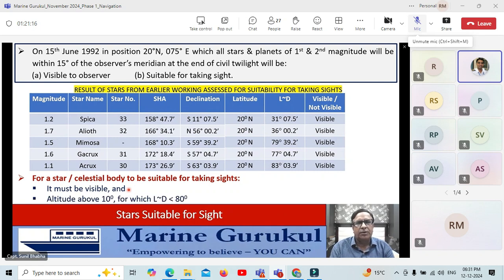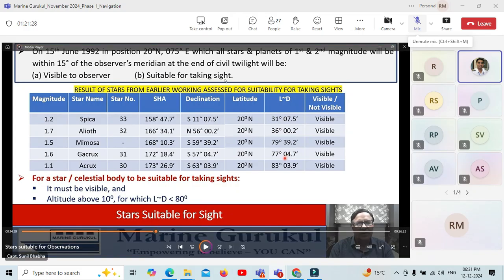So it must have an altitude of more than 10 degrees. For the altitude to be more than 10 degrees, this L difference D has to be less than 80. So beta, this is the criteria for suitability for sight. L difference D should be less than 80 degrees. This basically ensures that the altitude of the star is more than 10 degrees.